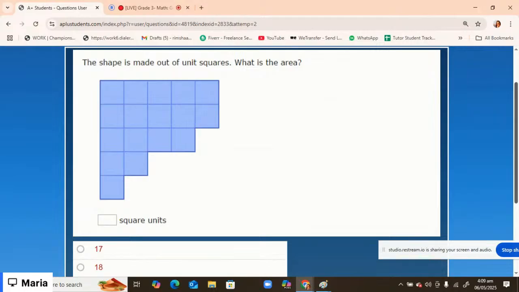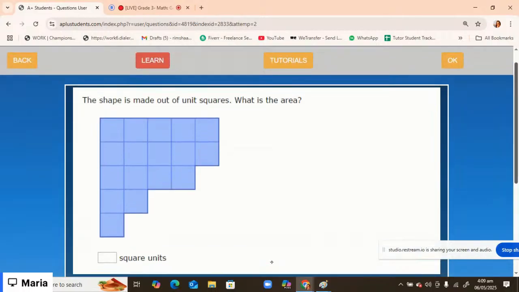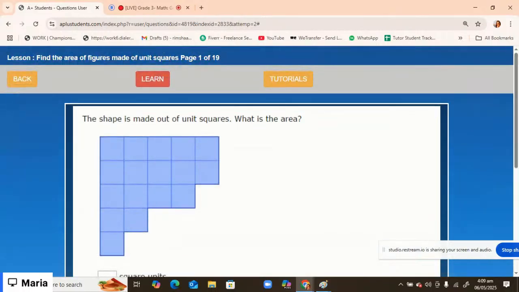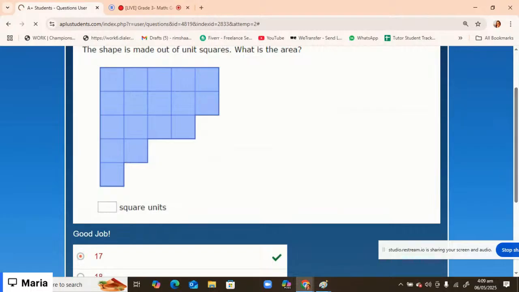Are these 17 square units? Yes, everyone. 17 or 18? Good, it's 17. Very well done. It's the right answer.